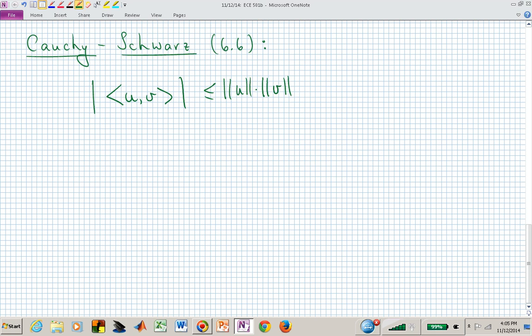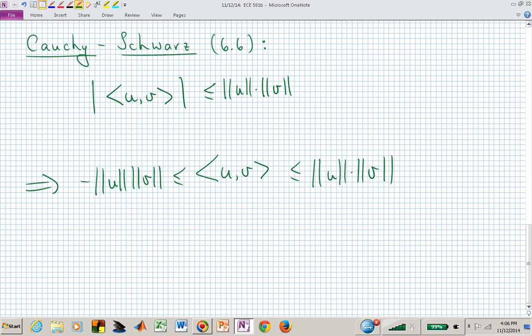If we think about the absolute value, we now know that if we bound the inner product, it's bigger than minus the norm of U times the norm of V, or it's less than or equal to the norm of U times the norm of V. And we're actually going to use the lower bound in our derivation.